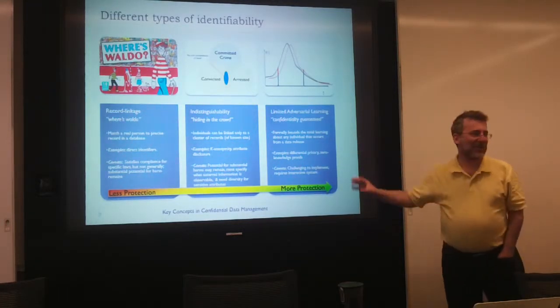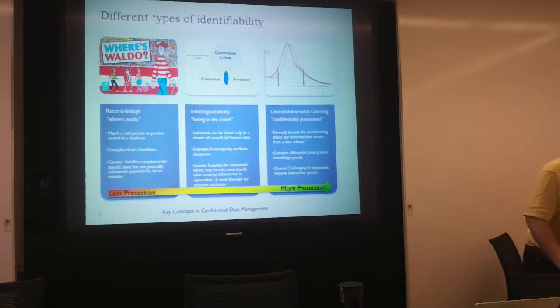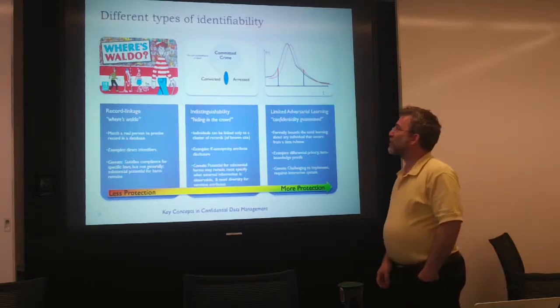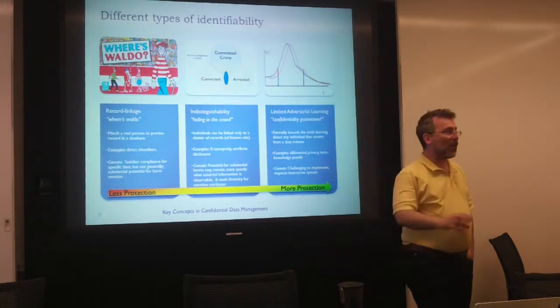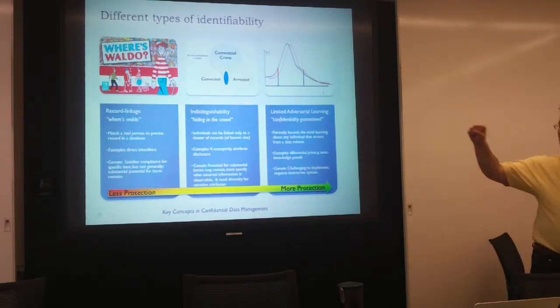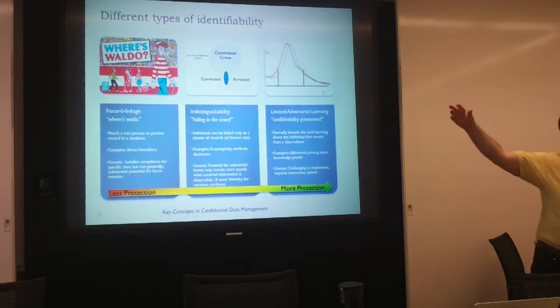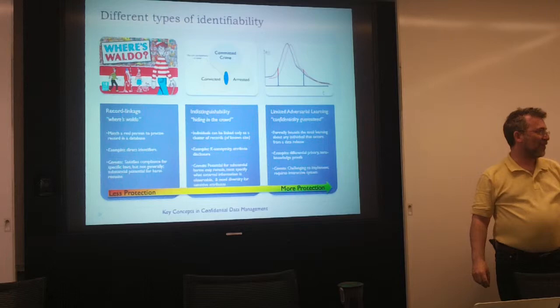I'm sure you've heard a lot about differential privacy, and we'll learn a lot more. In the general literature, there are different views of identifiability. The most basic is, where is Waldo? Can we find a person in a database? Wherefore art thou, record 2963874?